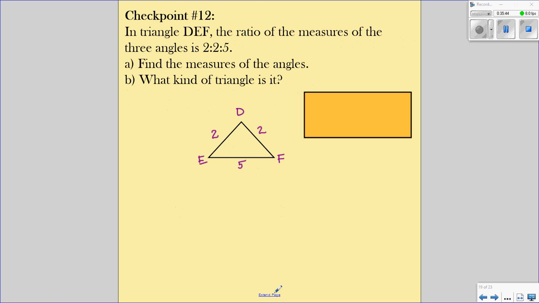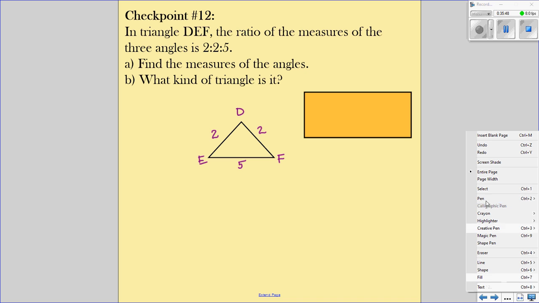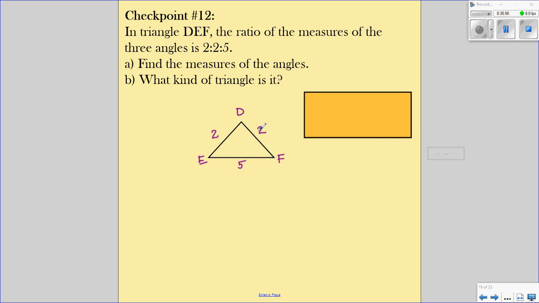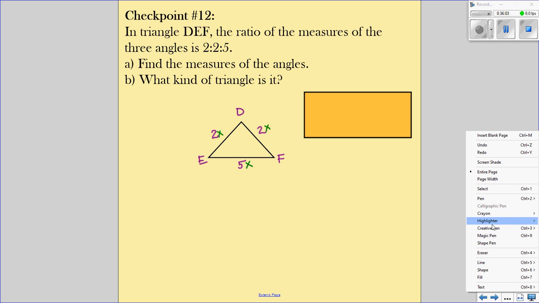Alright, so I'm going to expand this. I know that I have to find that common number that I need to multiply to get the measure of the angles. Oops, I did something wrong.